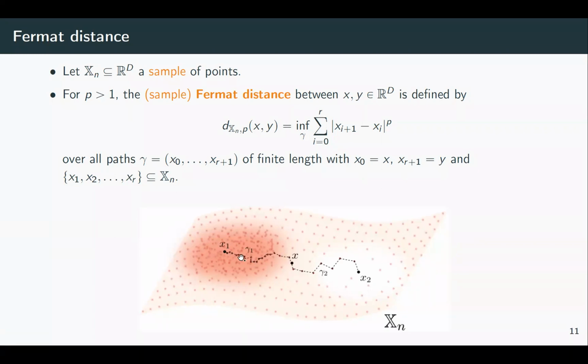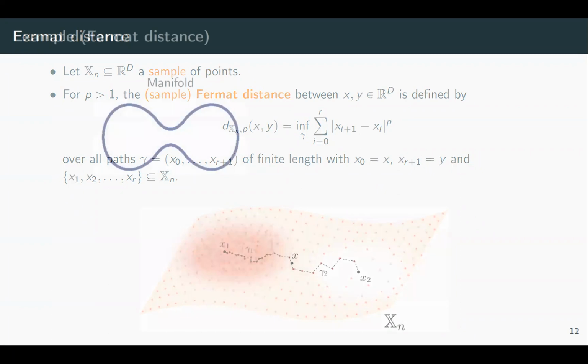You join the consecutive points with a segment, and you compute the length of each path as the sum of the length of each segment, but raised to the power P. In this way, since P is greater than 1, we are also penalizing areas of low density, okay?